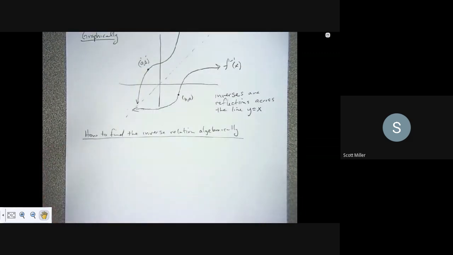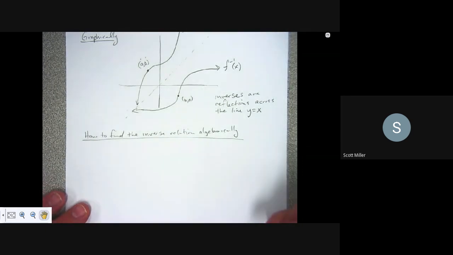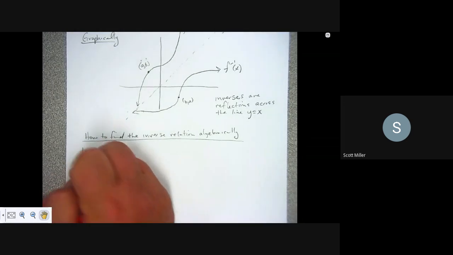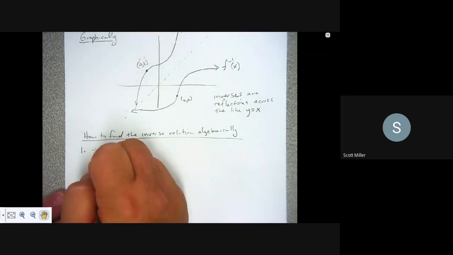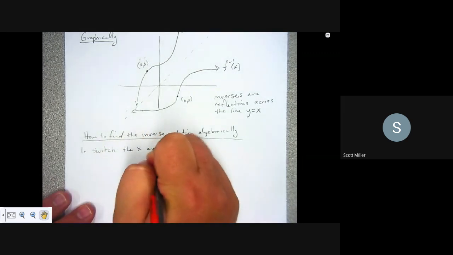The reason why I say finding the inverse relation is because this technique will work for all, and you may not know right off the bat if you're going to have an inverse function or not. This technique always works, and we're just going to use the definition. What is the relationship between a function and its inverse? We just switched the roles of the x's and the y's, correct? So guess what step one is? Switch the x and the y.